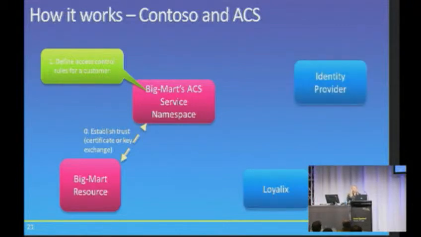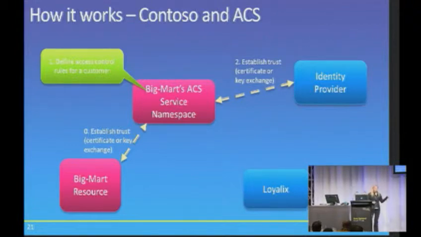Then we have the identity provider, so maybe Facebook for Loyalix. You have to go and establish trust between your namespace, your access control namespace, and that provider to say, my application will allow my customers to use this and that identity provider. So maybe Facebook.